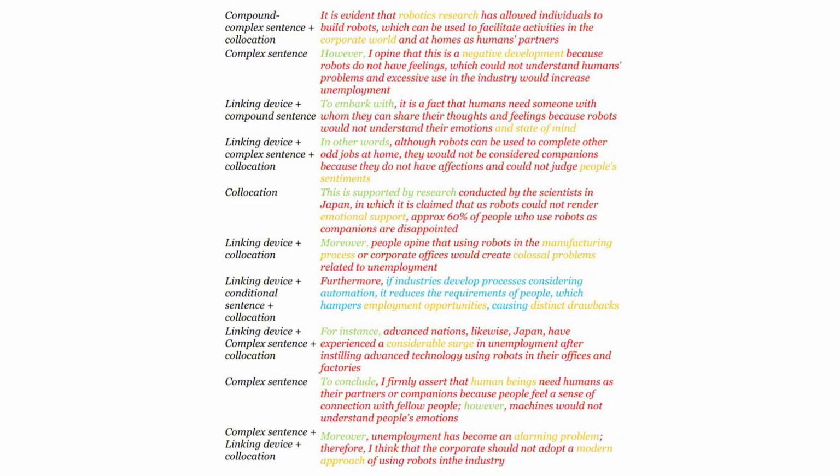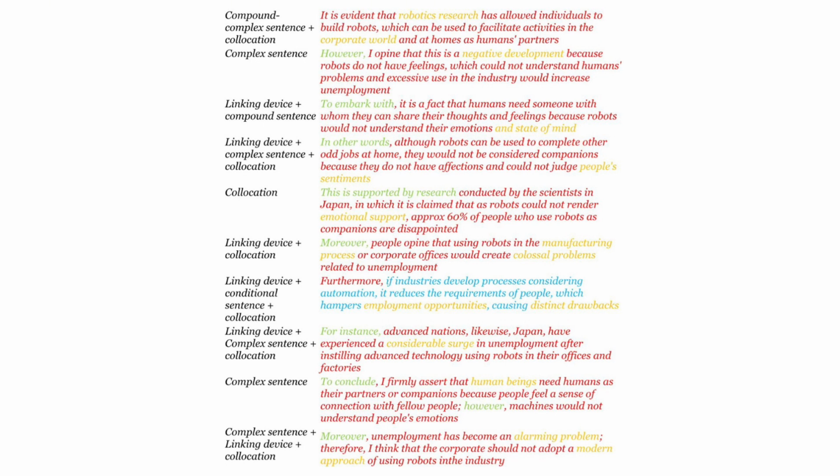Okay, moving forward. For instance, advanced nations like Japan have experienced a considerable surge in unemployment after instilling advanced technology using robots in their offices and factories. To conclude, I firmly assert that human beings need humans as their partners or companions because people feel a sense of connection with fellow people.